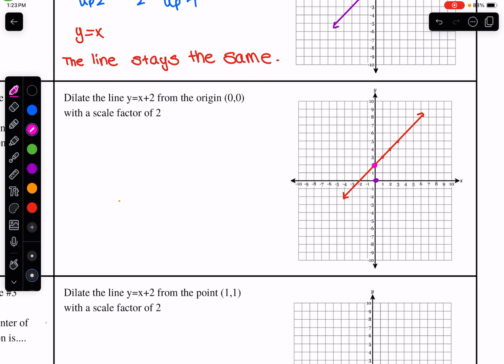So I'll choose point 1 and point 2. So my original point here, we're starting at 0, 2. Right, this is point 1. To get from my center all I have to do is go up 2. So my original distance is up 2. Now when I multiply it by the scale factor, I'm going to get up 4. So my new point for point 1 will be at 0, 4.